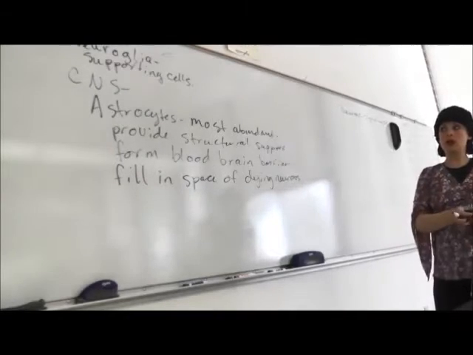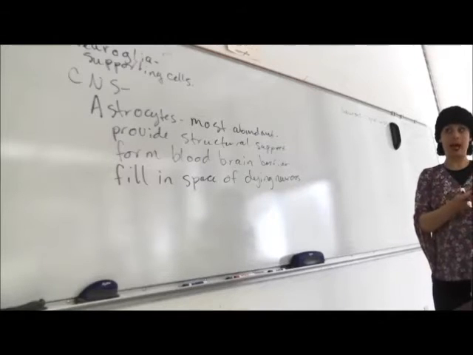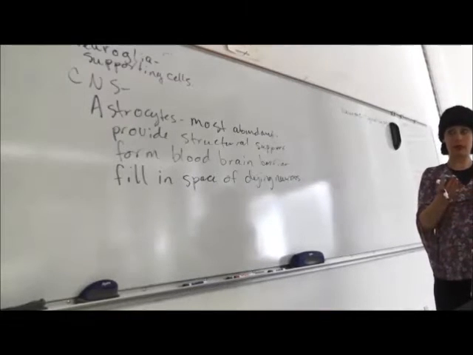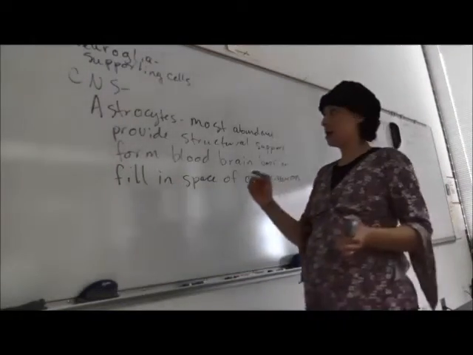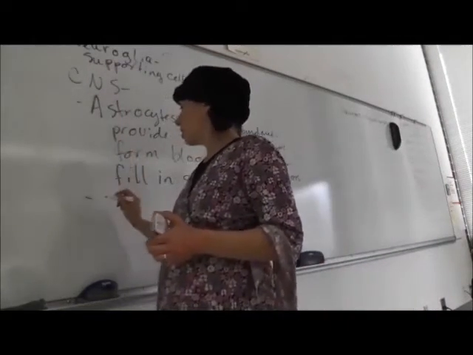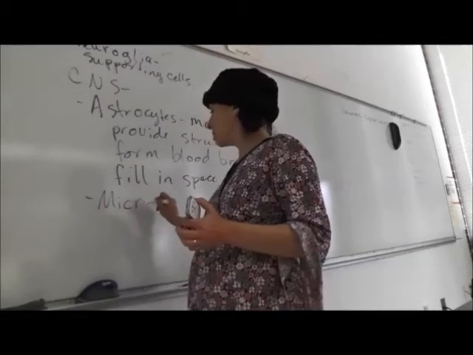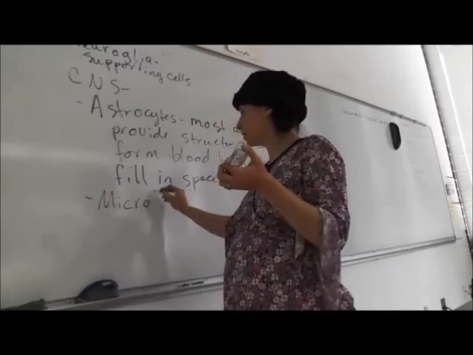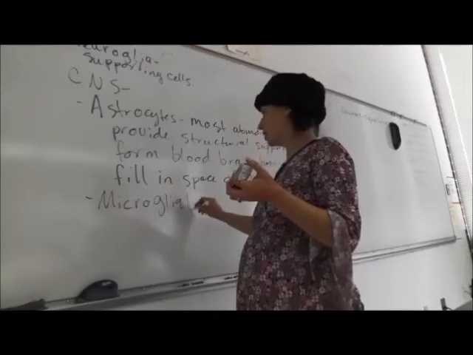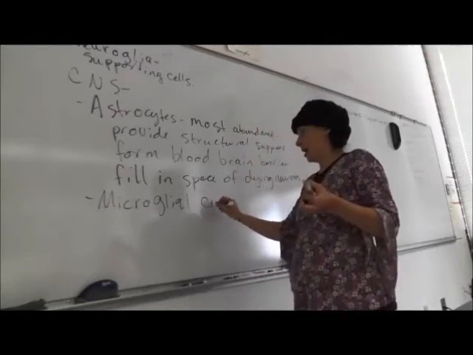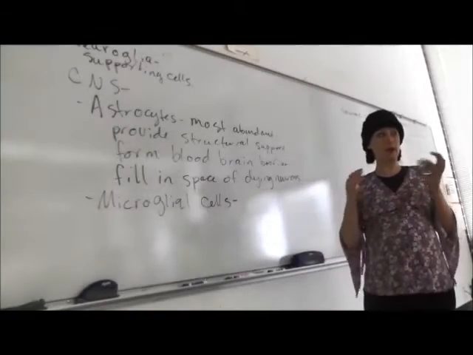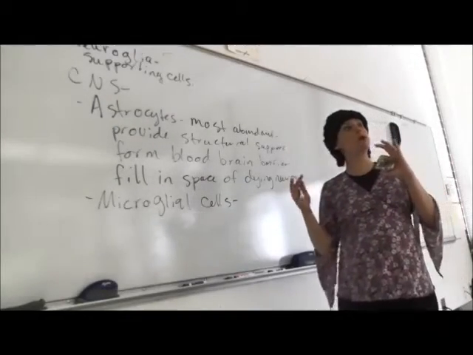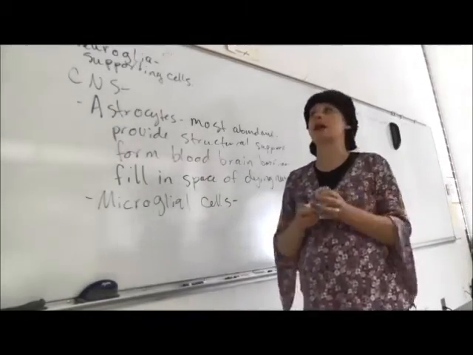So the only immunity that the central nervous system has is provided through what are called microglial cells. And again, this is because your neurons and, well, your brain and your spinal cord are all ensheathed in meninges. And so really, if there's any exposure of the immune system to the nervous system, it's a bad thing.